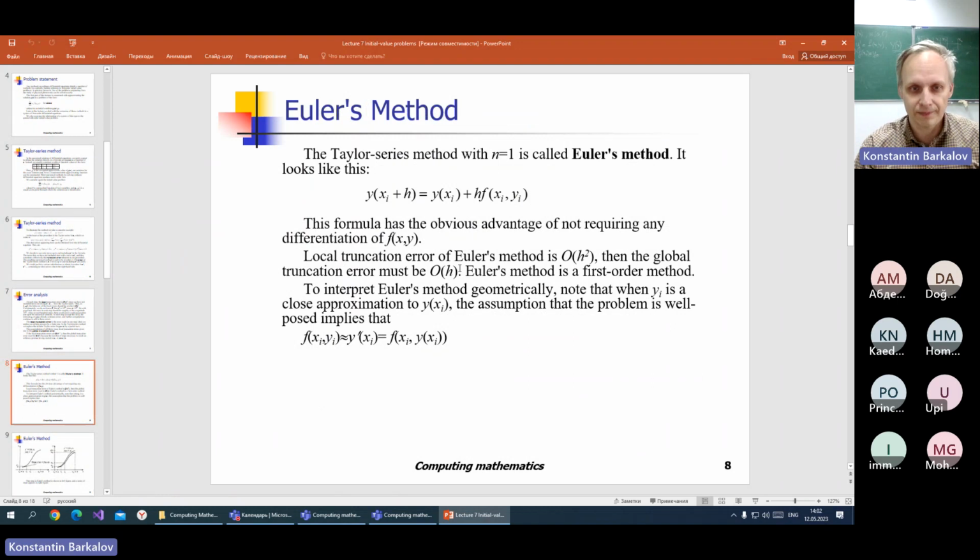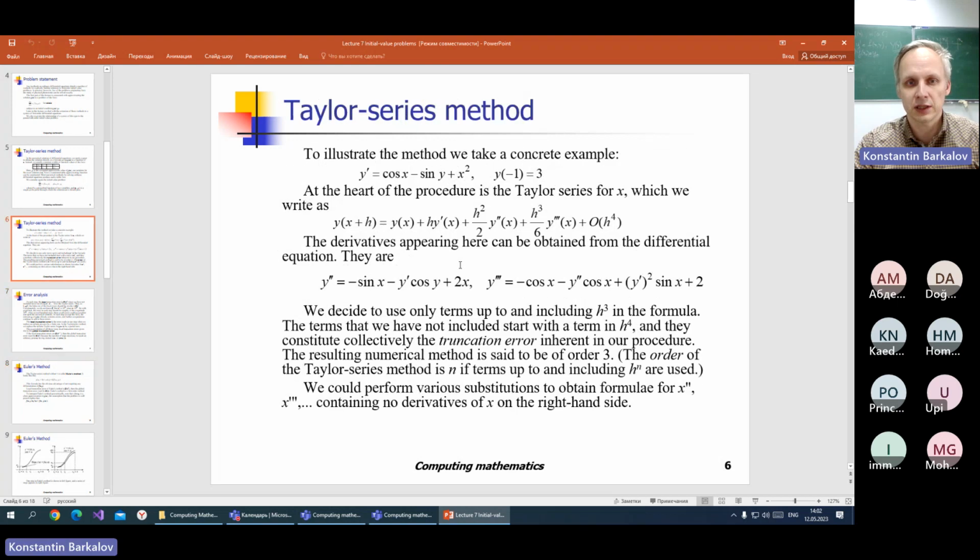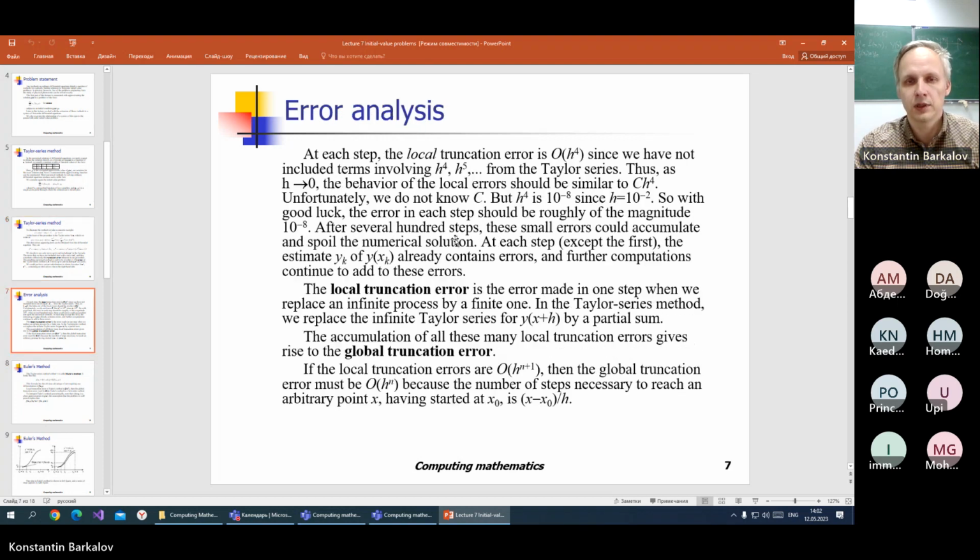In this case, the Taylor series method is called Euler's method. So, if we take the Taylor series method with n equals 1, it means that we take only the first power of h, h power 1.